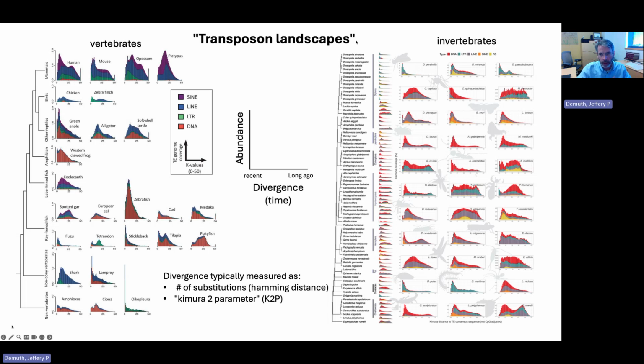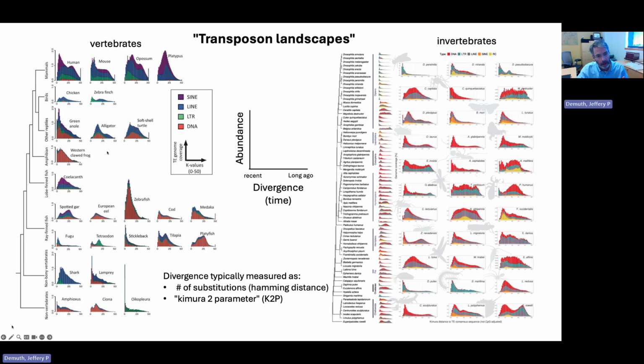So here I've got vertebrate on the left and invertebrate on the right. These are the same kinds of graphs. And all of them have this same pattern that's in the middle, where the x-axis is the divergence time. So you've got low divergence on the left, where you have sort of zero substitutions.